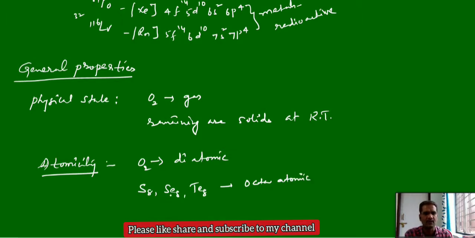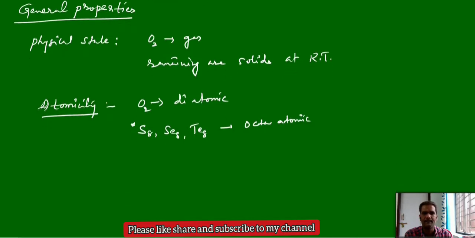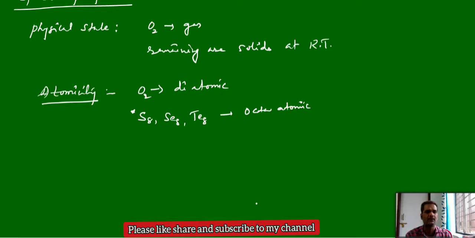But from top to bottom, the tendency to exist in octaatomic state decreases. Mostly sulfur is important for us. It exists as octaatomic and oxygen is diatomic. The remaining polonium and livermorium are radioactive elements, so no need to worry about those elements.